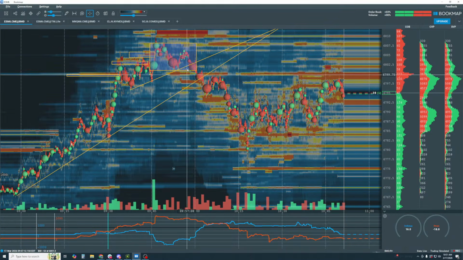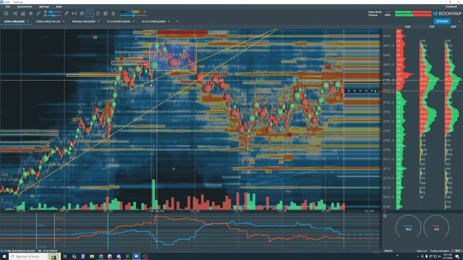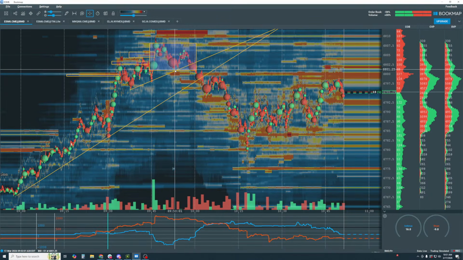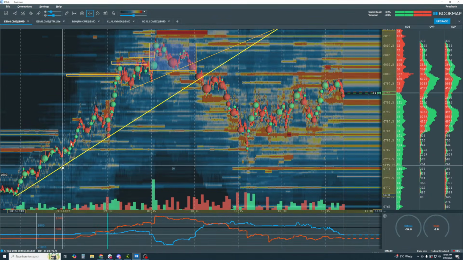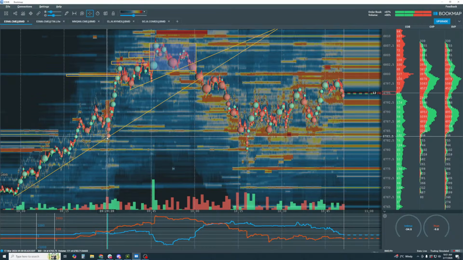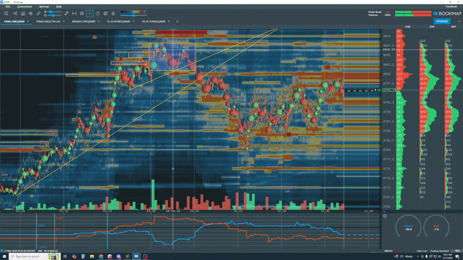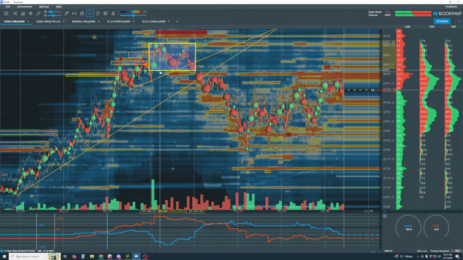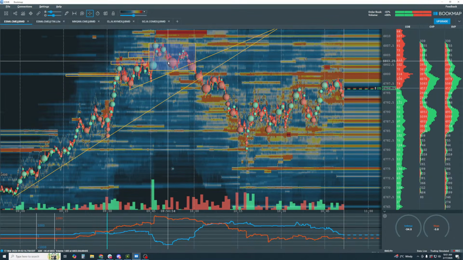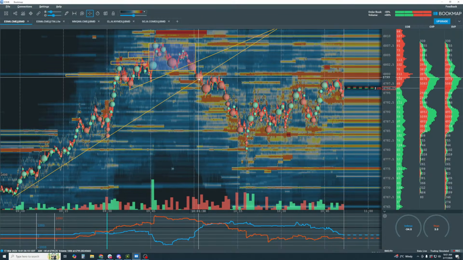It's like, oh, okay, there's also a small structure in here. Now, you're probably going to get more reaction off the bigger structure. That's why we look at the bigger swings. It's the same idea. It's just structure. In here, same idea. This is smaller structure. This is bigger structure.